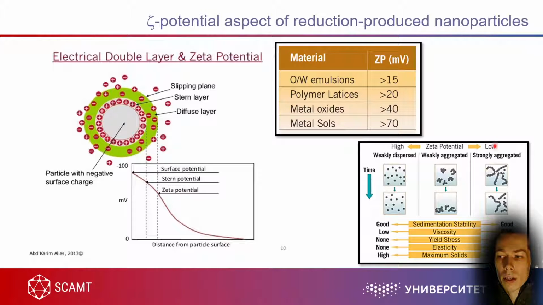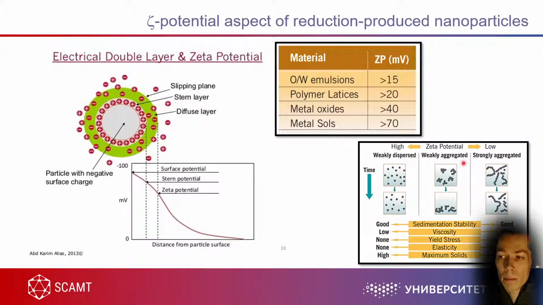But if the potential is low, the opposite case, the sedimentation stability will still be very good, but not because nanoparticles stay separate and are very light and there's some Brownian motion, but because viscosity will increase, and the increased viscosity will affect stabilization of these particles, so sedimentation stabilization of these particles.